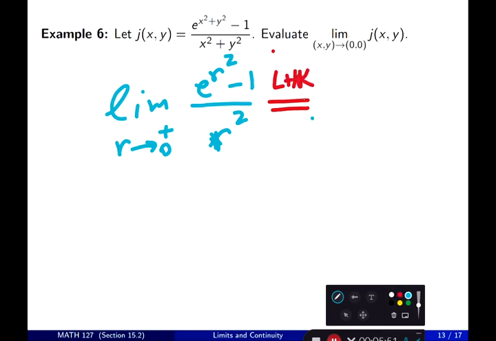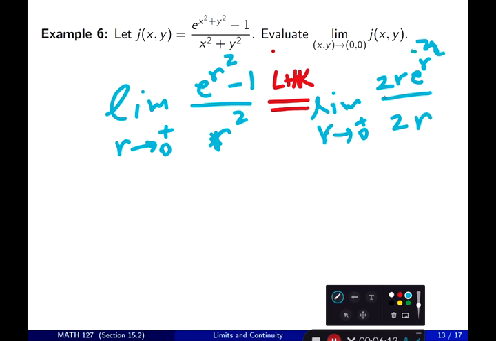As r goes to 0, the derivative of the top is e to the r squared times 2r, divided by 2r. The 2r simplifies, and you end up with the limit of e to the power r squared as r approaches 0, which is equal to 1. And so the limit is going to be 1.